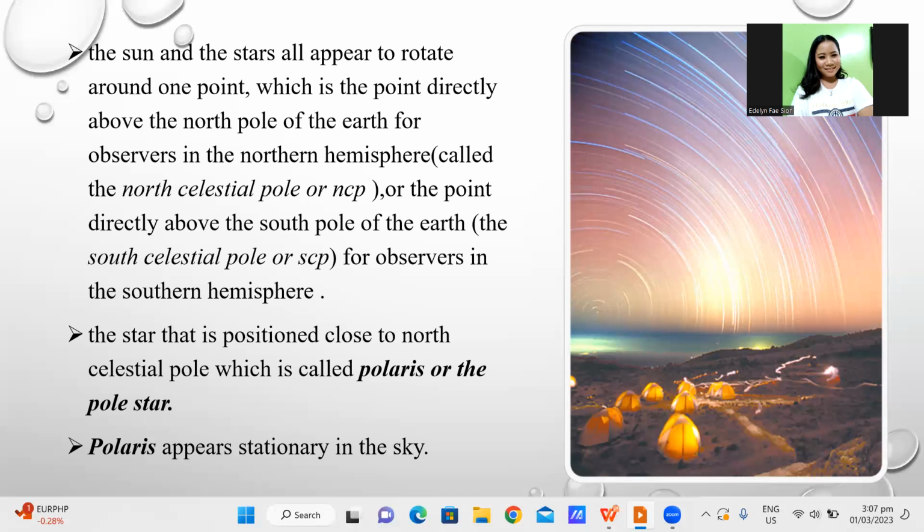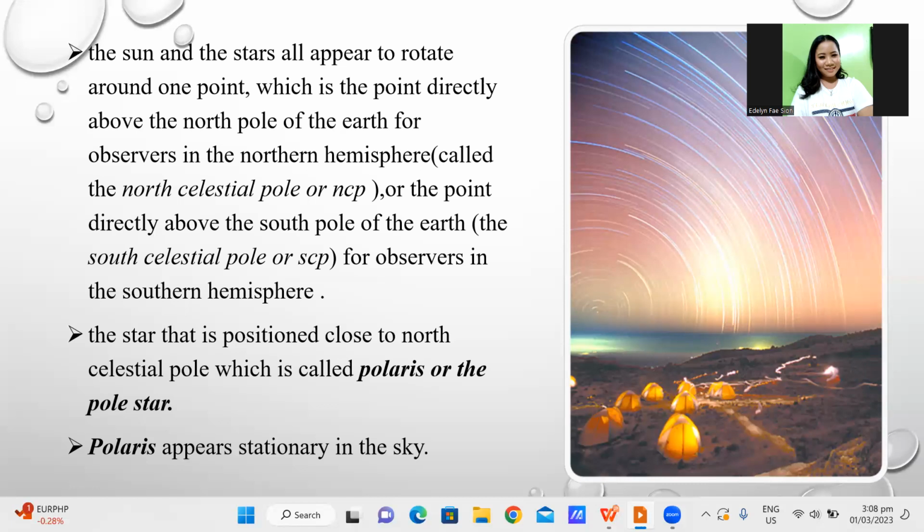Tinatawag nating Polaris ito. Polaris appears stationary in the sky because it is positioned close to the line of the Earth's axis projected into space.